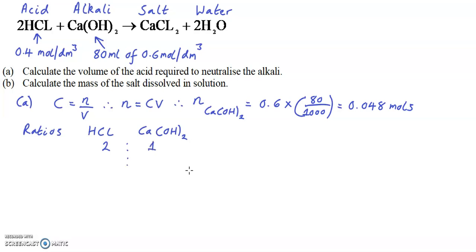And I've just worked out the number of moles of the alkali, so that's 0.048. So that needs to be doubled to get the number of moles of acid required. So that's going to be 0.096. So that's the ratio of the moles. So we can say that the number of moles of the acid present equals 0.096.